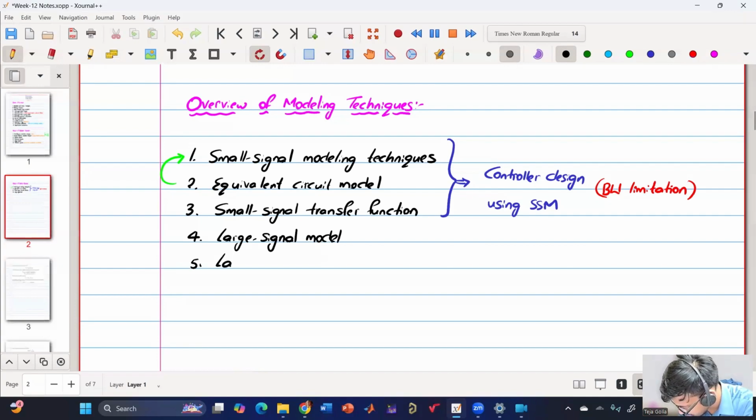And then we also discussed large signal based controller design. And then using this, we were able to get the time optimal performance.